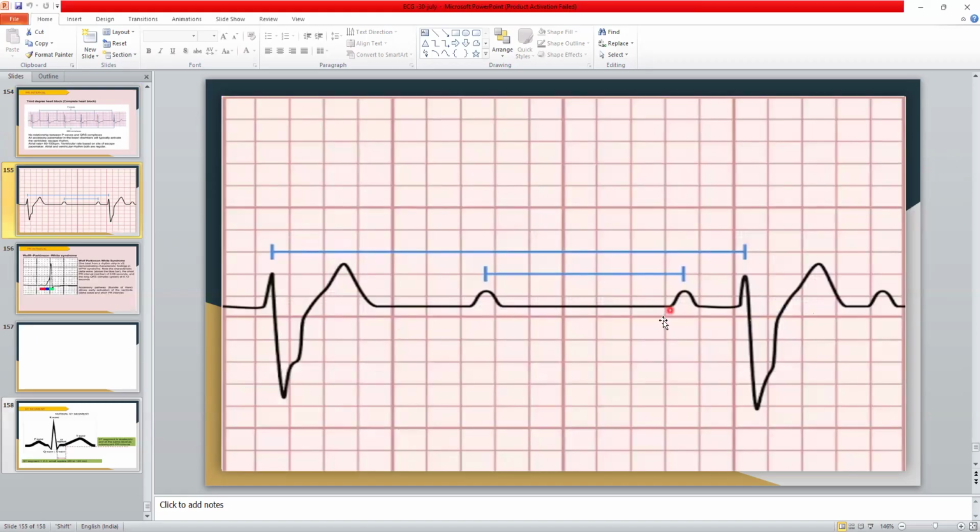Here you can see the escape rhythm. This is the ECG showing complete heart block with the escape rhythm.